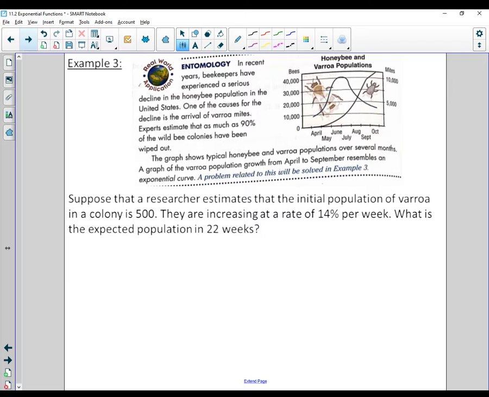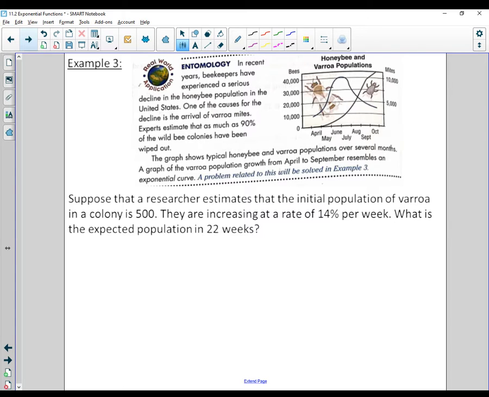The graph shows typical honeybee and Varroa populations over several months. The mite population growth from April to September resembles an exponential curve. This is what I mean by math models. From here to here it looks exponential, so you can model it like that.